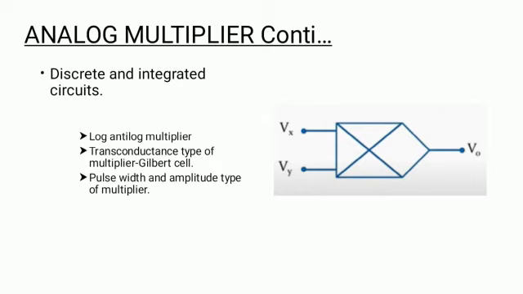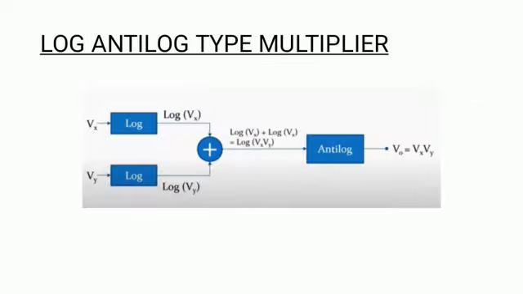Let's look at different methods for implementing an analog multiplier. First, the log-antilog multiplier. This is the basic mathematical principle behind this method. First, take the logarithm of both inputs, then add those values, and we get log Vx plus log Vy. We know that log A plus log B equals log AB.